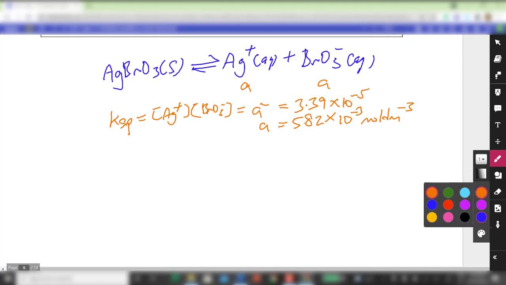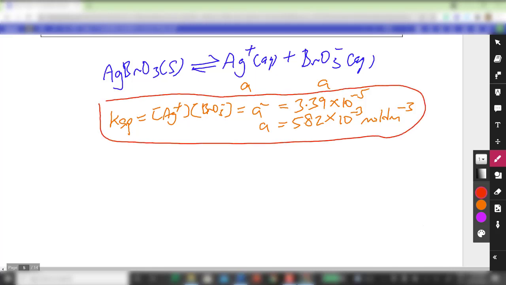Let me box up this area so that you'll be clearer. We are looking at another scenario. Let's say my solution already has 0.10 moles per dm cube of bromate, and then I attempt to dissolve some silver bromate in the solution.